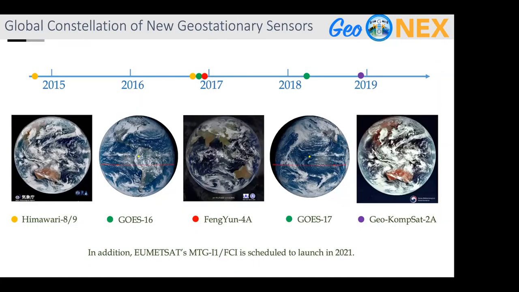Okay, so now we don't have only one geostationary satellite. We have a global constellation. Starting from 2014, we have the first one, Himawari 8, launched. Himawari 9 followed in 2016, and then we have GOES 16, GOES-R, and the Fengyun Chinese geostationary satellite launched in the same year, and then we have GOES 17 and also the Korean GeoKompsat A, right?